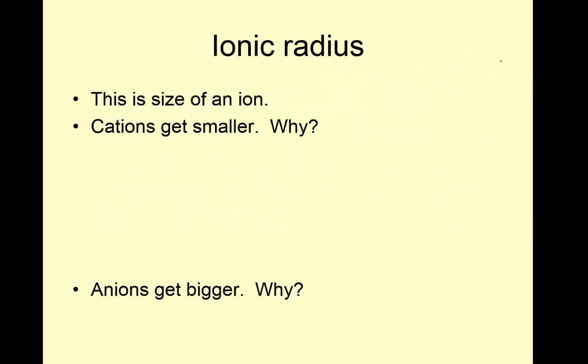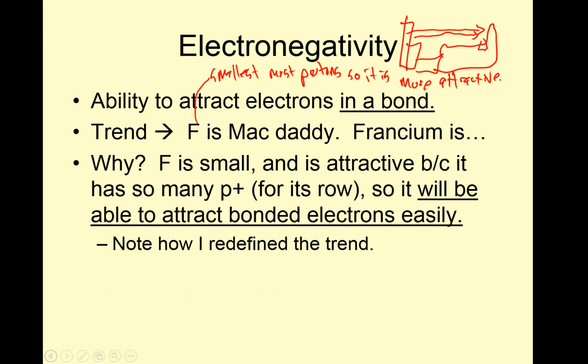As you go up, remember these guys have a bunch of rings, and this guy only has 2. So as you go up, it is smaller, so it is more attractive. That's why fluorine is the Mac Daddy, the most attractive in a bond.